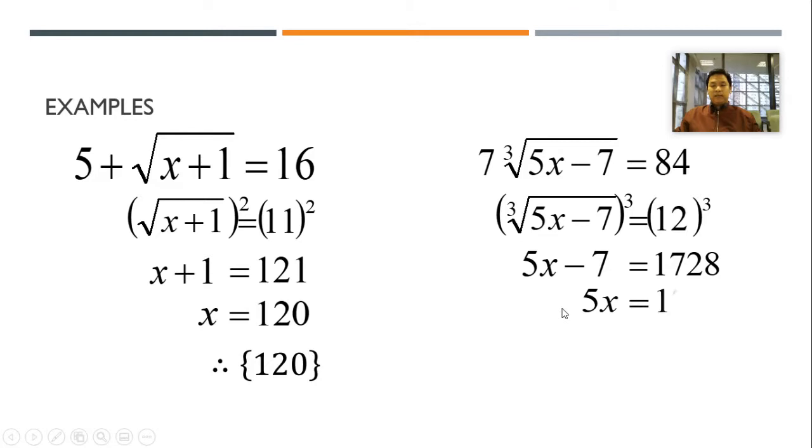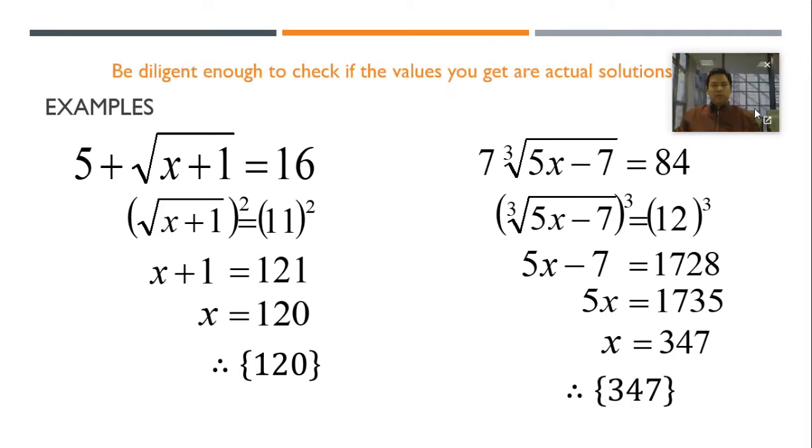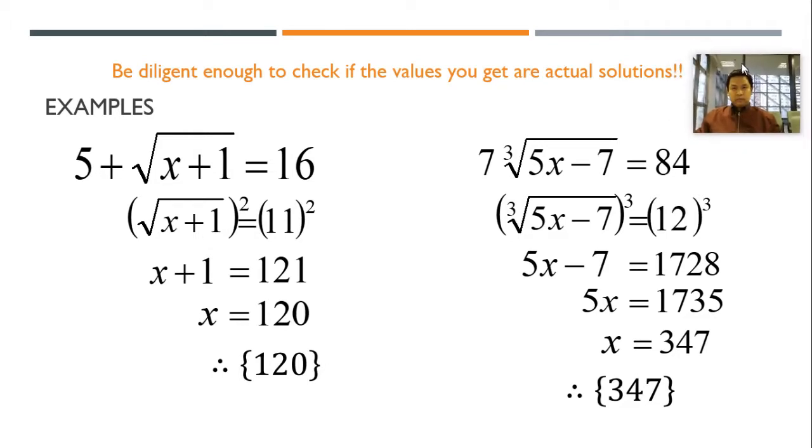And then we get a value for x. Now, it's important that we still check solutions. Here, I'm not going to show how it's done. I leave that to you. But to make sure that we have actual solutions, we substitute it back into the equation. You'll find that these values satisfy our original equations.